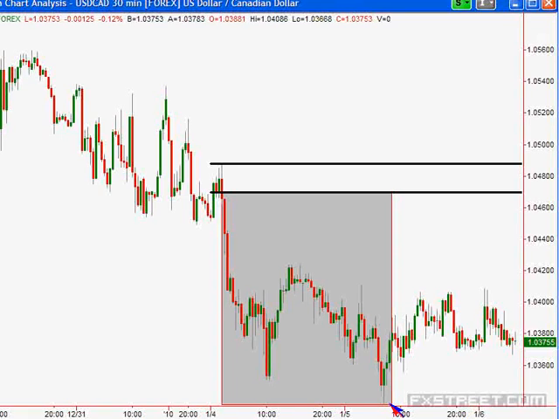So, has this one met the minimum requirement of 3 to 1 for me? Yeah, for sure. It's way more than 3 to 1, so there's no question for me here. I would take that trade.